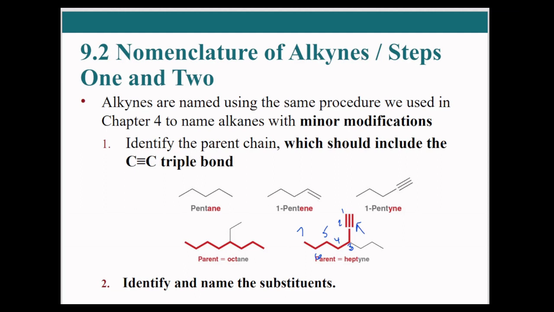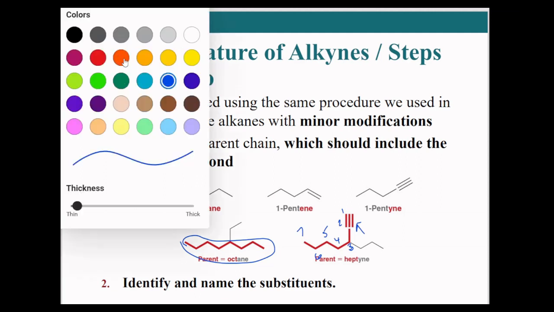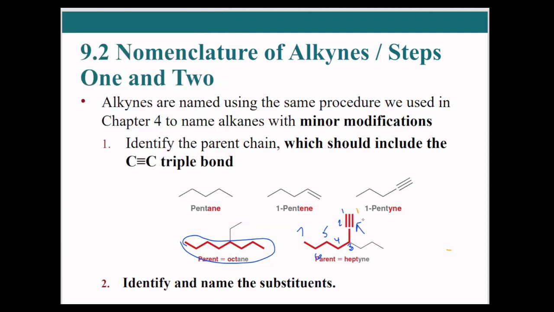So instead of oct, as we have on the left where this is our longest parent chain, on the right we would only be able to find a continuous chain containing that alkyne functional group with 7 carbons. Okay, because if we followed this next possibility, 1, 2, 3, 4, 5, 6, we would only have 6 carbons. So the longest one is the one outlined in red, and that is the heptyne. Or I'm sorry, the heptyne would be our parent chain there.